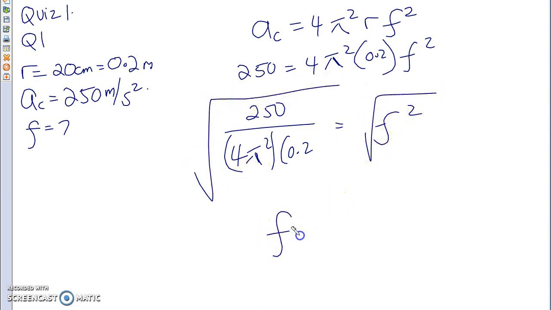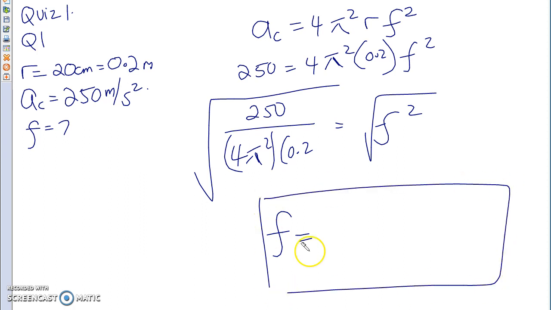And what do you get for your F? What do you get? 0.63 hertz. And that was it. That's all you had to do. That was question number 1.